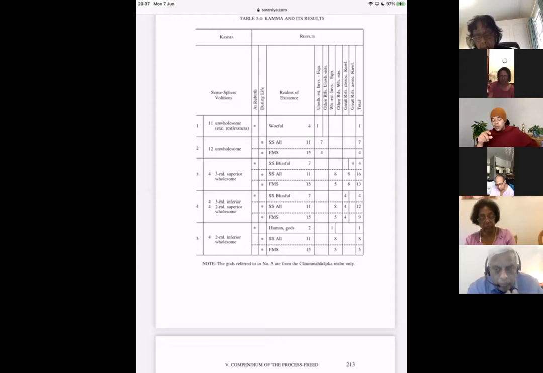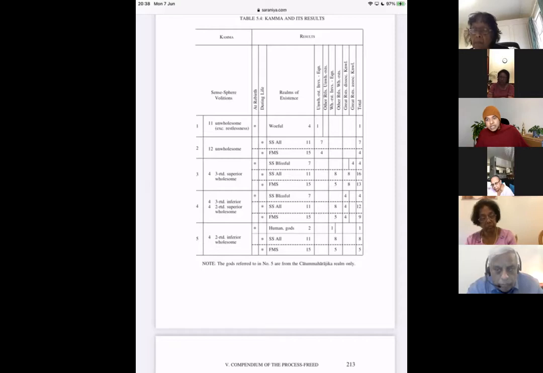Now, when we refer to three-rooted superior wholesome, remember, if you're offering dana, we know that would produce a similar result. An orange tree will not produce an apple fruit.